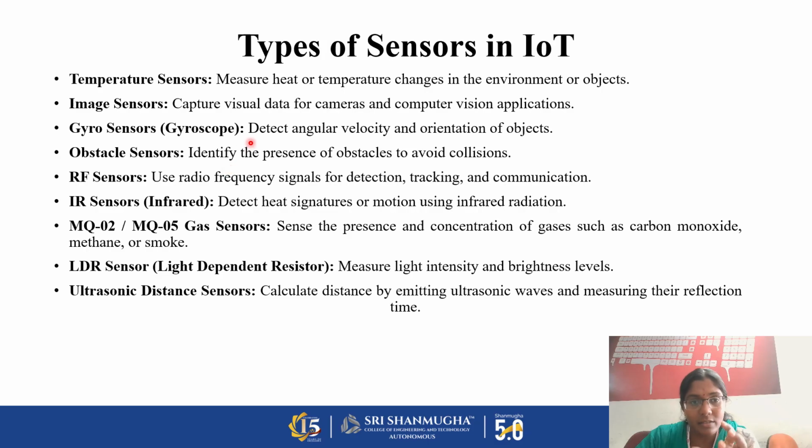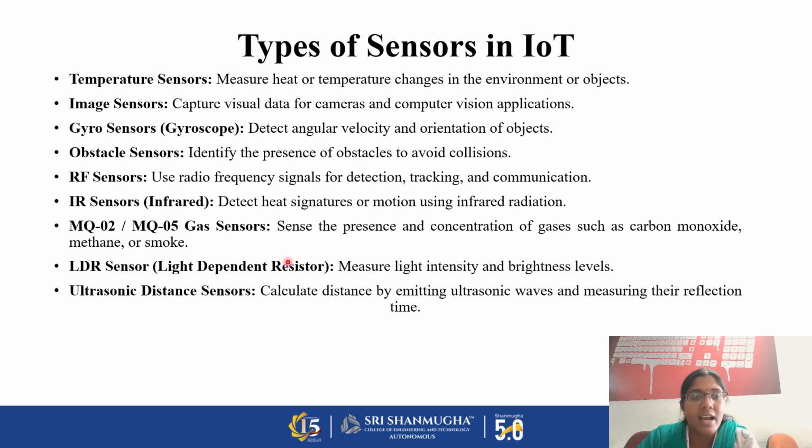By identifying the presence of obstacles, collisions can be avoided, right? And the next one is RF sensors. RF means radio frequency sensors, which can be used for detection, tracking and communication.